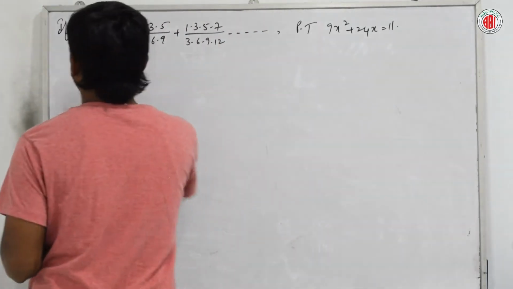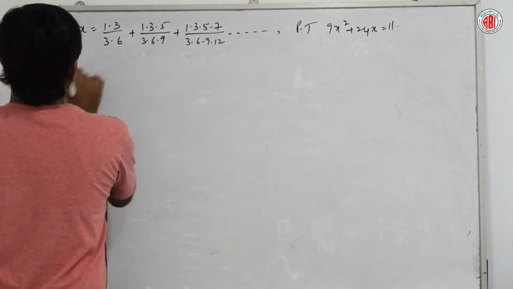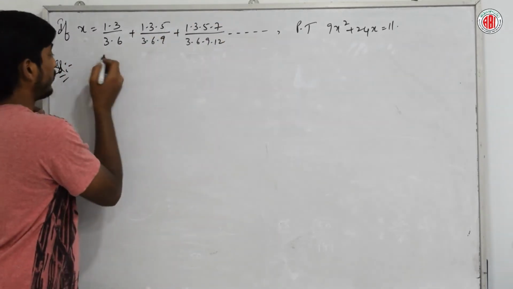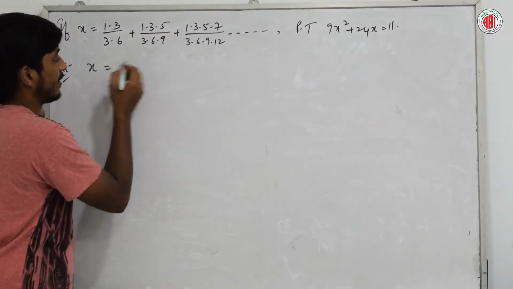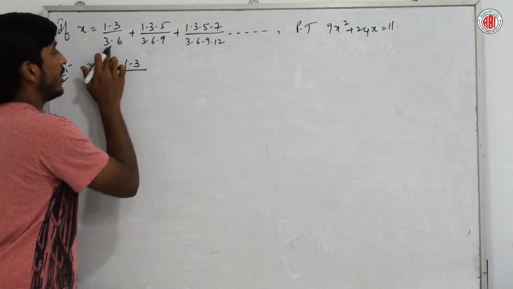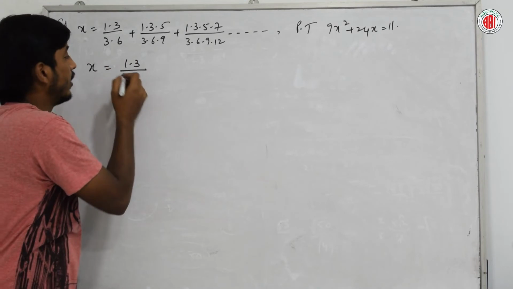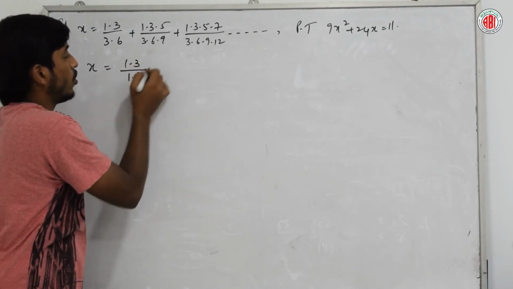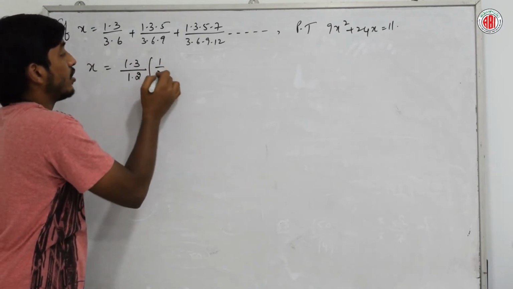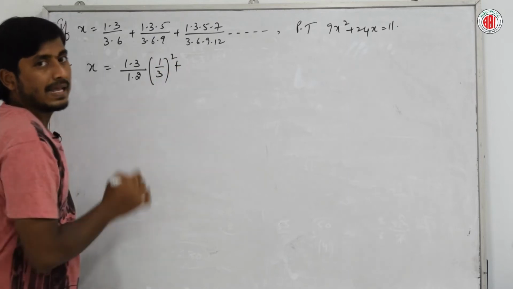Now see here, we need not assume, however he gave directly. So let me write x as 1 into 3 by 3, 6. What is common? 3. 1, 2. How many 3's? 2 times. Is it right?